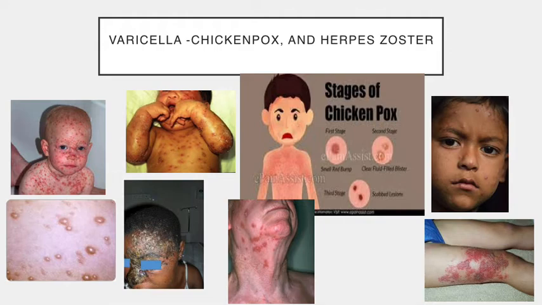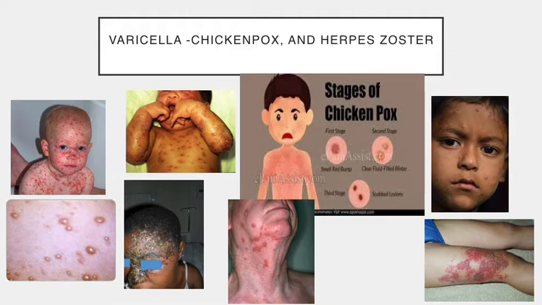These pictures here are very dramatic, just to show you what it looks like. You can see that they're small, pus-filled, with a red base, and they can be in varying stages of dryness as well. But there are also stages. So the first stage might just be a small red bump, and people may mistake it for a pimple, for example, and then not realize they've had it.